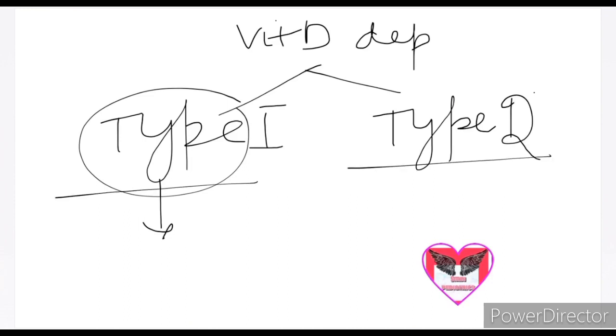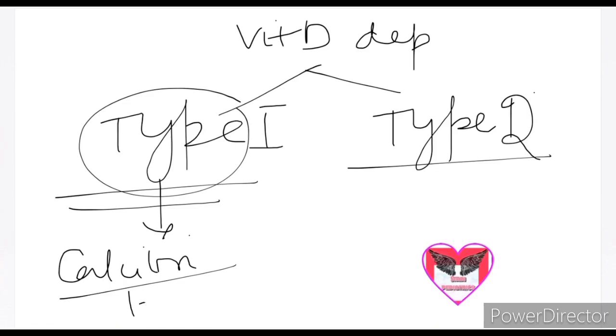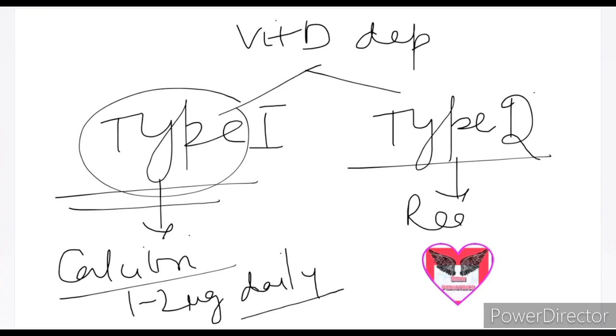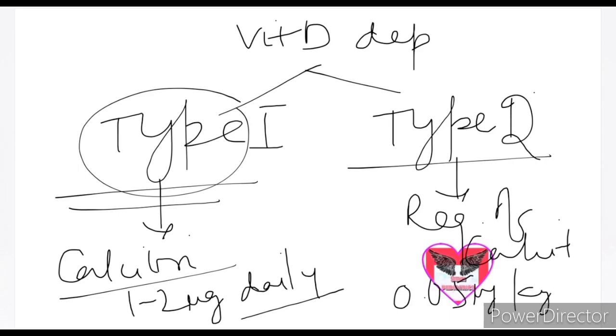So in type 1 we have to give calcitriol at a physiological dose, 1 to 2 microgram daily along with calcium and phosphorus supplement, while in type 2 we require a higher dose of calcitriol, that is 0.05 microgram per kg per day to 0.2 microgram per kg per day along with calcium and phosphate supplement.